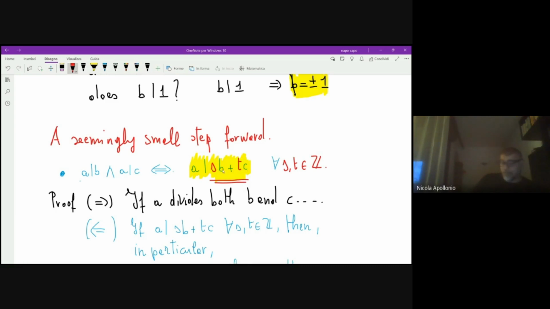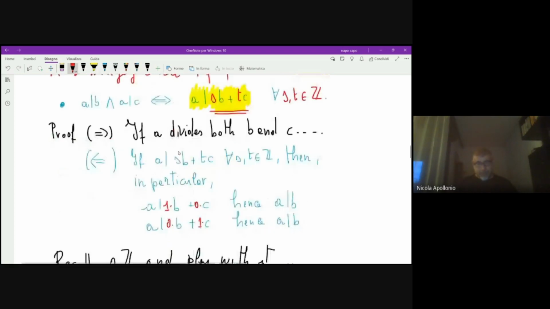The name of this expression is an integer linear combination of B and C. The coefficients of the integer linear combination are of course the integer numbers S and T. So in words, you can say whenever A is a common divisor of B and C, then A divides any integer linear combination of B and C. Now, let us try to prove this easy statement.